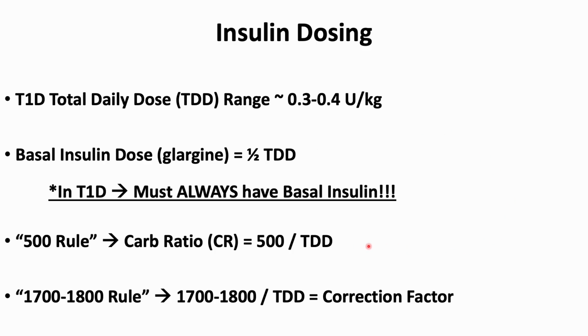For dosing their mealtime insulin, many patients with type 1 diabetes will use a carb ratio, and you can calculate this by using the 500 rule, and it's 500 divided by the total daily dose, okay? So this will give you a ratio of, say, 1 unit of insulin covers 10 grams of carbs, okay?